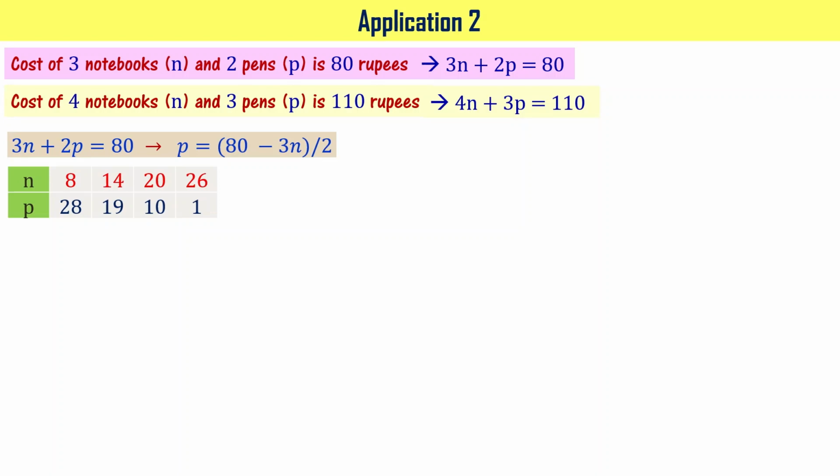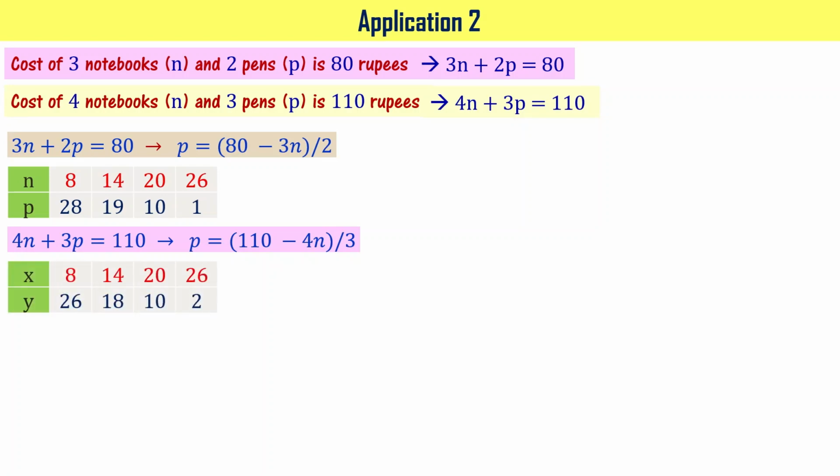Similarly, let's rearrange the second equation, that can be written now as p equal to (110 minus 4n) divided by 3. For this, when you tabulate data, you get p equal to 26, 18, 10 and 2 for n equal to 8, 14, 20 and 26 respectively, right?